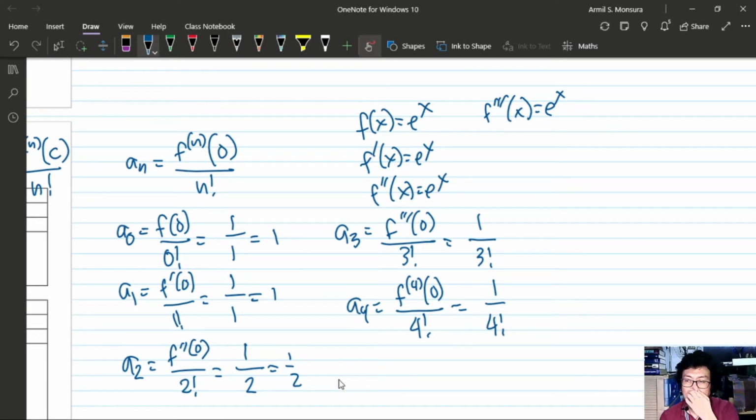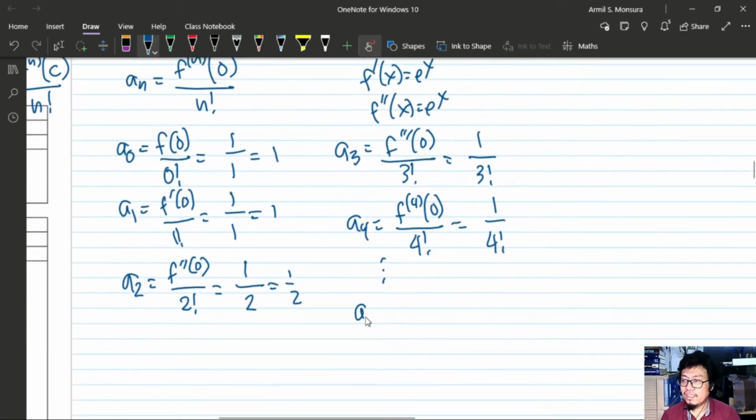Okay. So given this, the nth Maclaurin coefficient now is the nth derivative of f at 0 over n factorial.